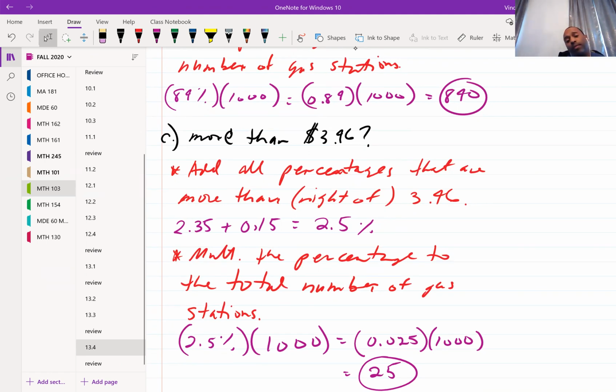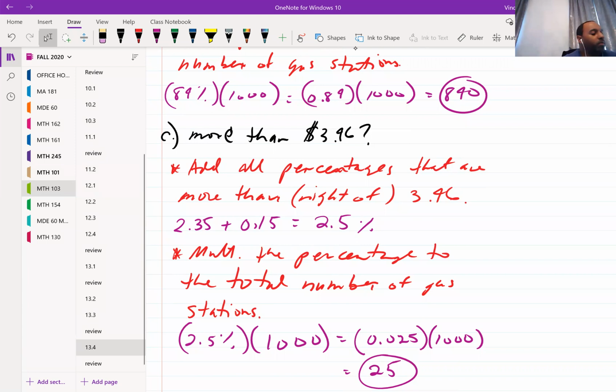So convert 2.5% to a decimal, which is 0.025, times 1,000 would be 25 gas stations charge more than $3.46. All right, questions before we go to Z-scores?